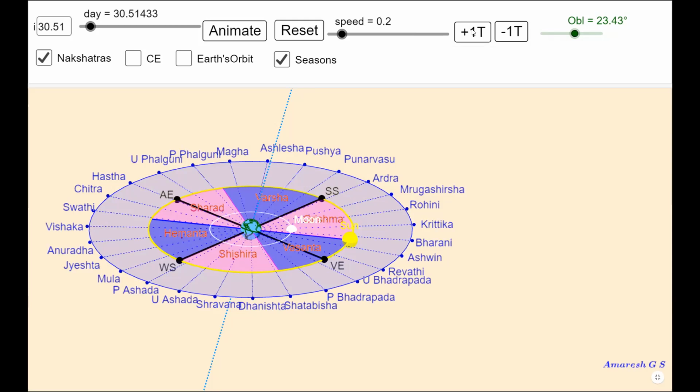In reality, it may take anywhere from 29 to 32 days. So we completed one solar month, and now the sun's position is at the end of the Vasanta Rutu, at the end of the spring season. It is ready to enter the area of Grishma Rutu.